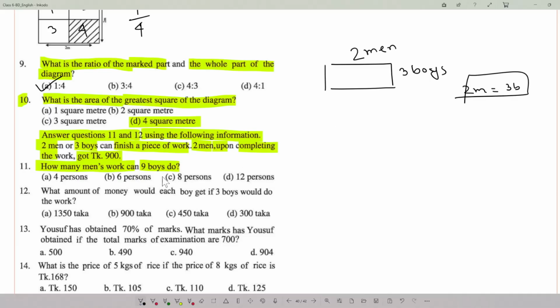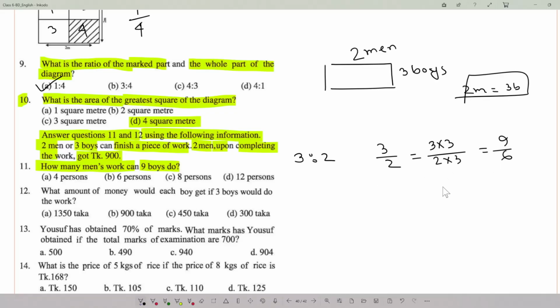So what is the ratio of boys and men? It should be 3:2, it means 3 by 2. So how much work can 9 boys do? If we want to make 9, it should be 3 times 3, it will become 9 boys. Similarly 2 times 3 is 6.